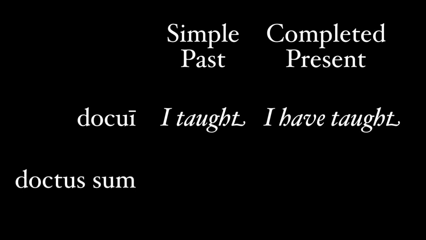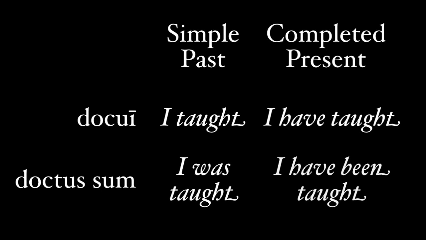So our passive translation of the perfect tense can take 2 different forms. Doctus sum can be either I was taught, this is the past simple form, or I have been taught. This is the present completed. Really, you're going to want to use the context of your sentence to tell you which one it is.